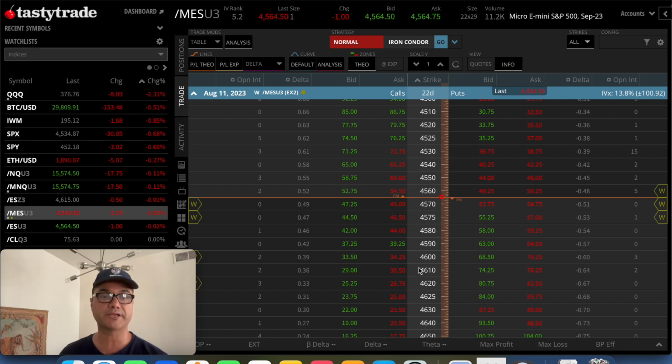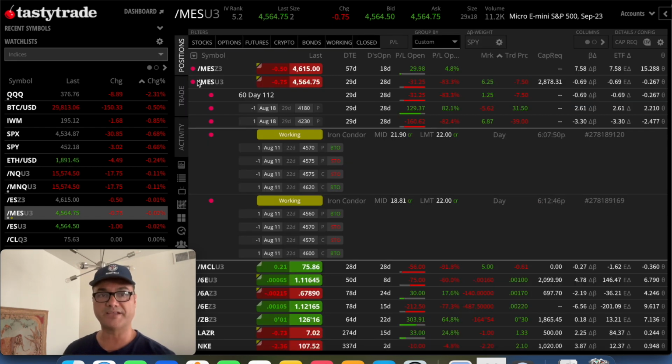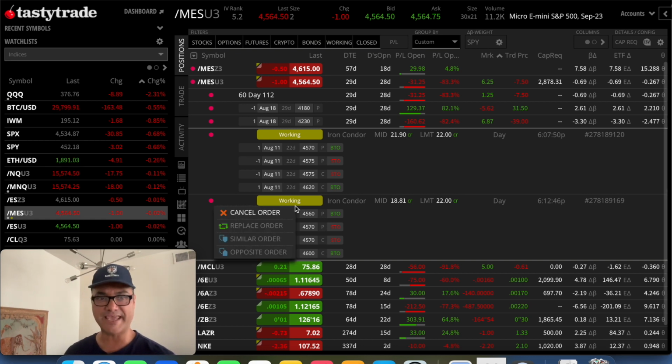Whereas if you enter it as a broken wing butterfly, it will not accept it. This problem does not happen in the ETF, so if you try this broken wing butterfly in SPY or any of the stocks or whatever ETF, the order should go through without a hitch. But when you enter it in the futures market, it will not take it.